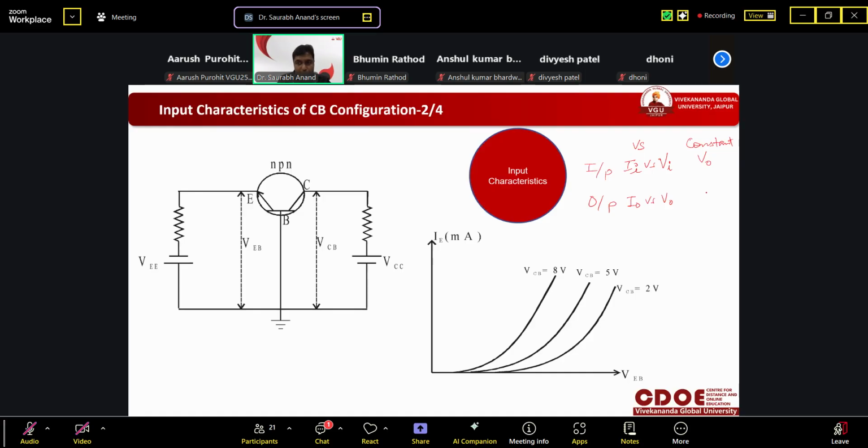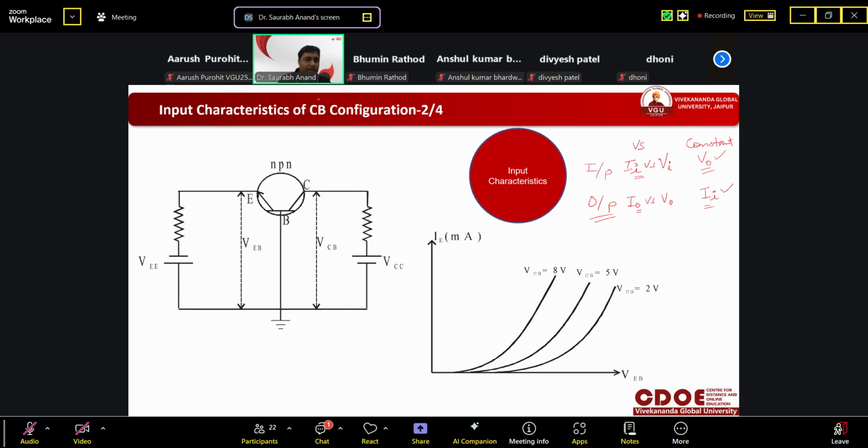In case of output characteristics, it should be input current constant, right? So we have to remember this thing. For input characteristics, we will keep the value of output voltage constant. For output characteristics, we will keep the value of input current constant. Now we will replace this I and O according to the configuration.